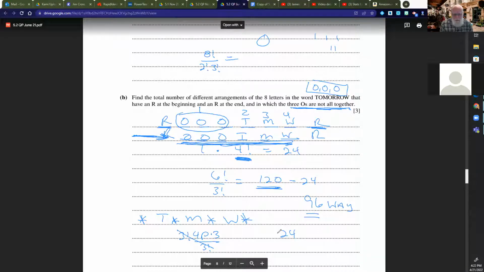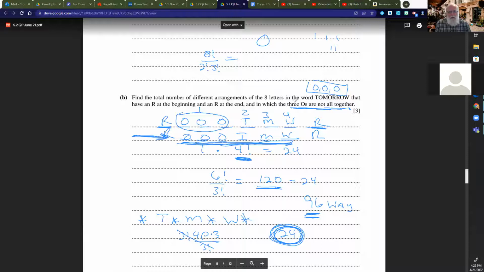So again, this is the number of ways where the 3 O's must be separated. But this other one is the number of ways where they could be completely separated, but maybe 2 of the O's are together. Notice how there's more of them. There's a lot less of them when the O's have to be completely separated. If there's only two things that need to be not together, then they have to be separated.